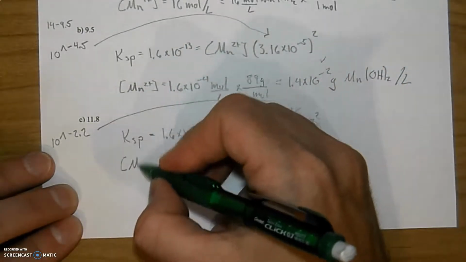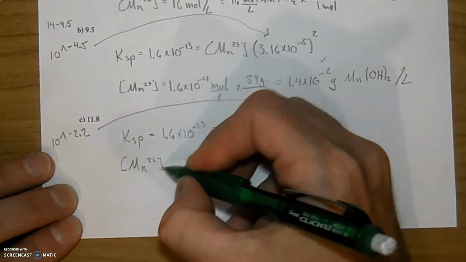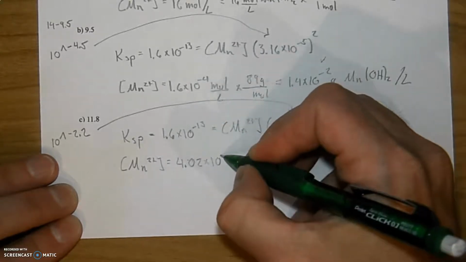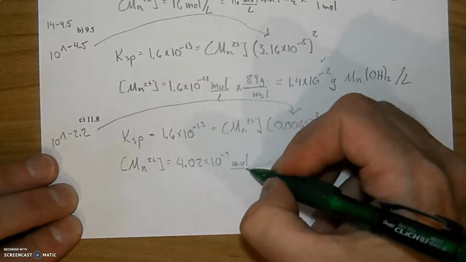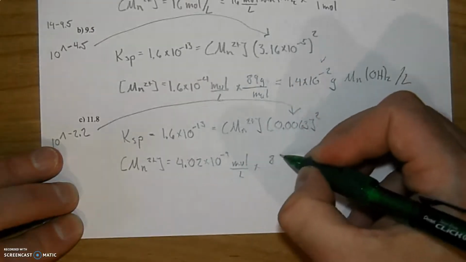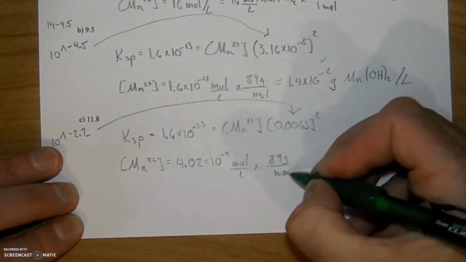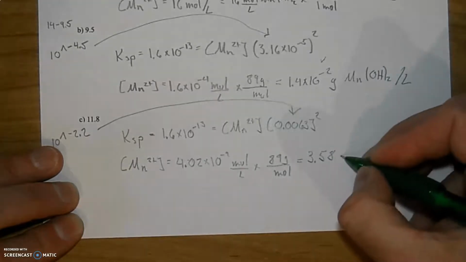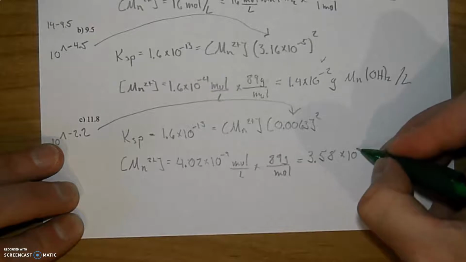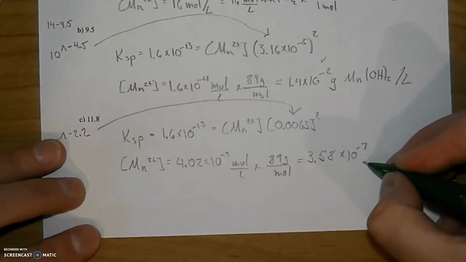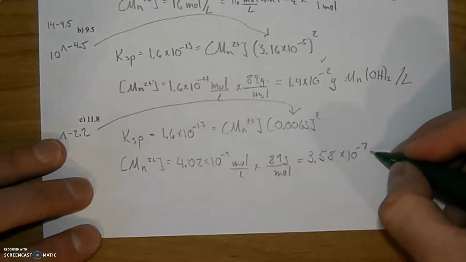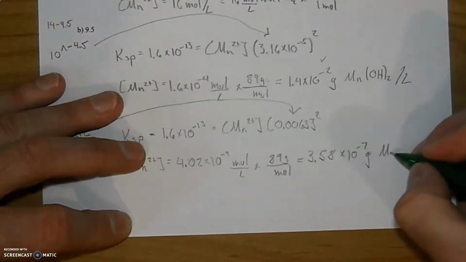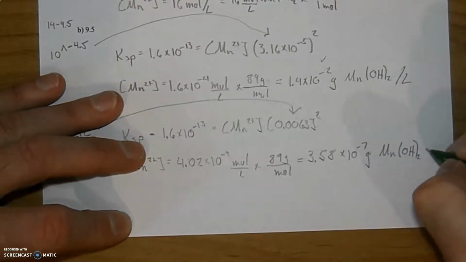And then the manganese concentration, 4.02 times 10 to the negative 9 moles per liter times 89 grams per mole. That's the molar mass again, which gives me 3.58 times 10 to the negative 7 grams of manganese hydroxide per liter.